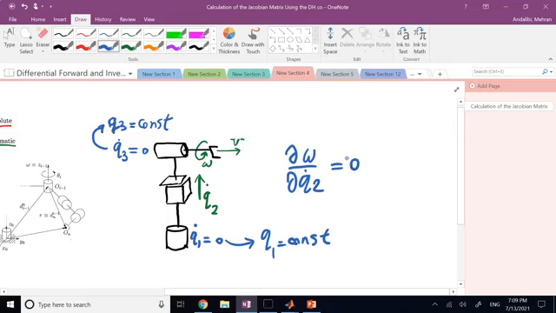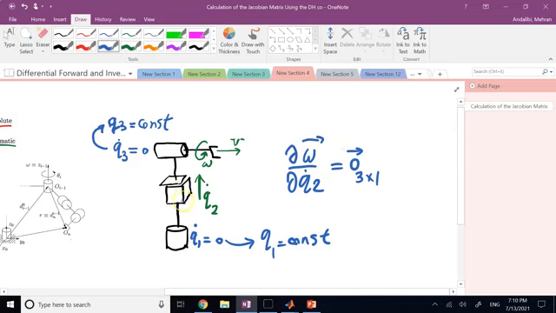There is no contribution. Now, if this omega has 3 components, which it does, then this 0 is going to be a 0 that has 3 components, because it doesn't give you omega x, omega y, or omega z, so it is going to be a vector of 3 zeros, right?